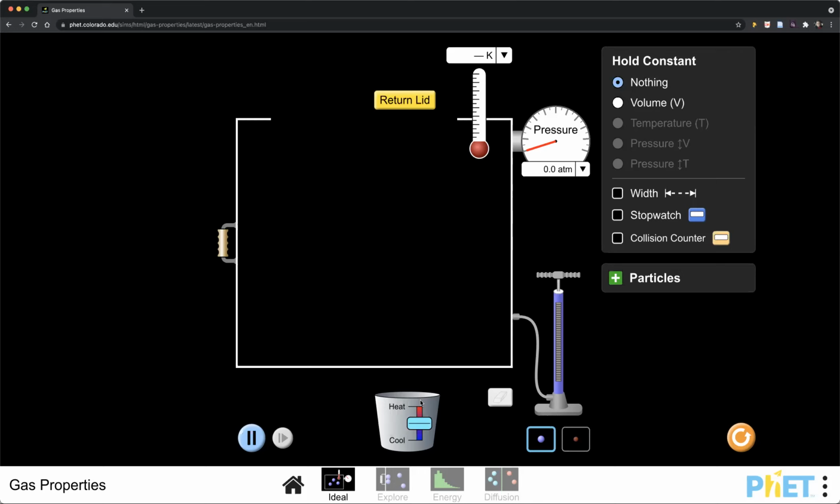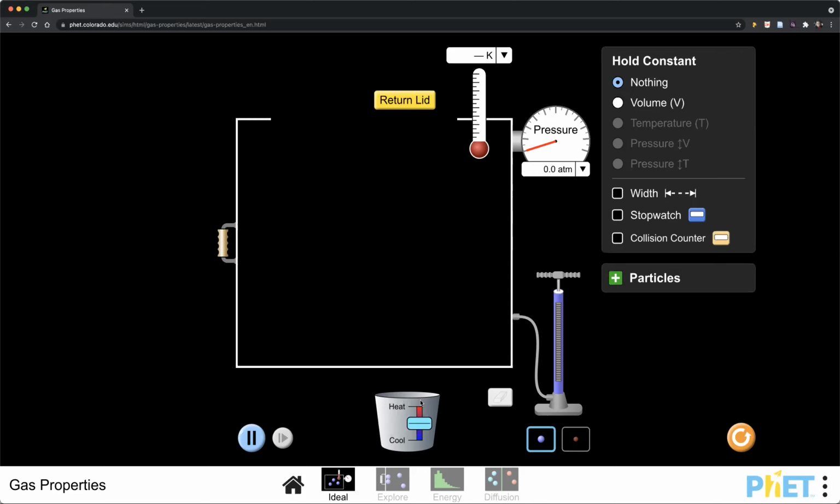The second thing that was made note of is that the pressure increased with increasing temperature. And again, if we understand kinetic motion, if we understand these gas molecules, that makes sense, because as we increase the temperature of our gases, they're moving faster.